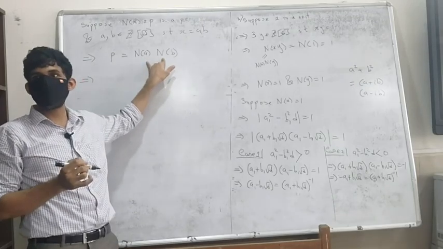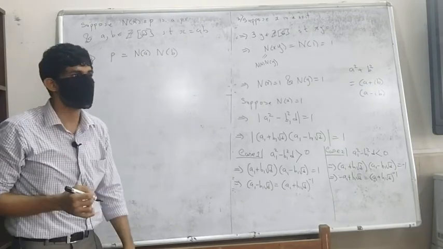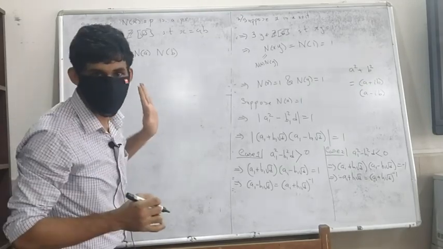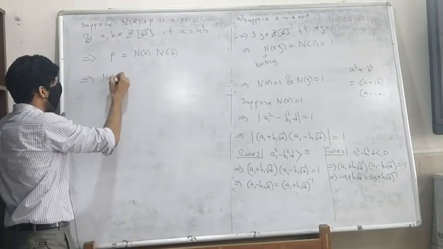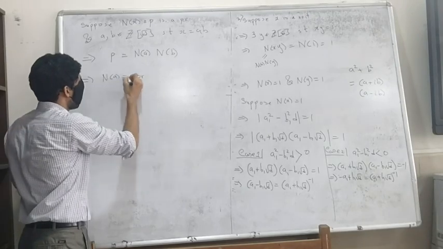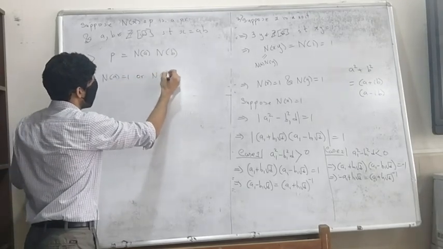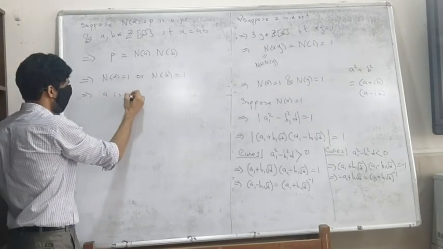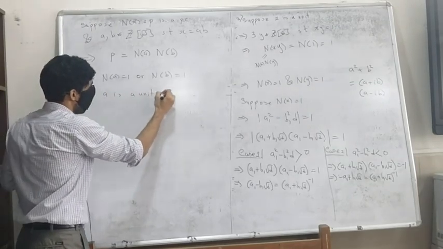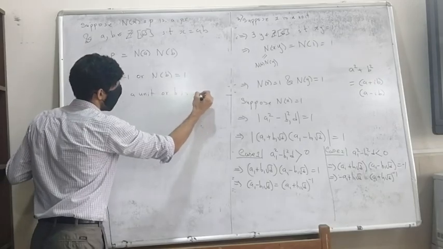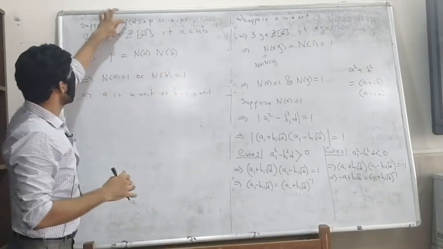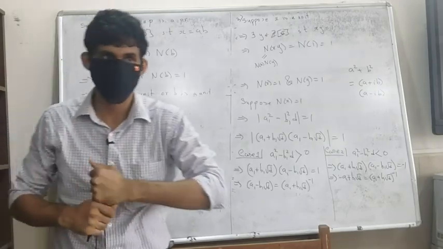The product of these two natural numbers is a prime. What does that mean? One of them has to be 1, right? So therefore either n of a is 1 or n of b is 1. But we know by the previous arguments that this means that either a is a unit or b is a unit. That's it. And therefore x is irreducible.